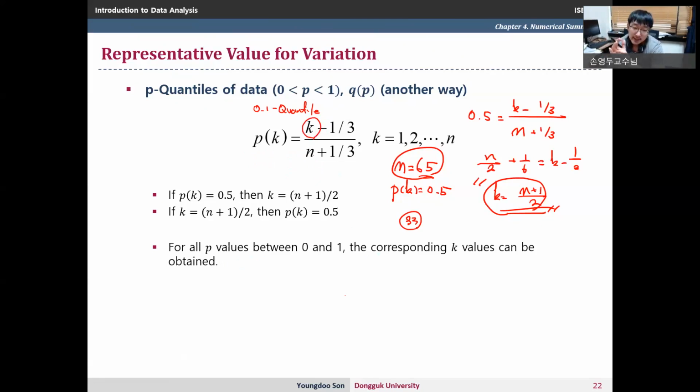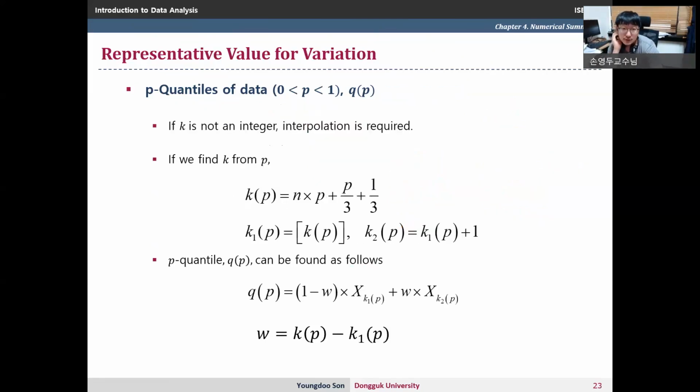However, there is a severe problem when the k is not an integer. In general, k is not an integer for most of the p values. So if k is not an integer, then we need some interpolation here. When p is given, then kp can be found like this.